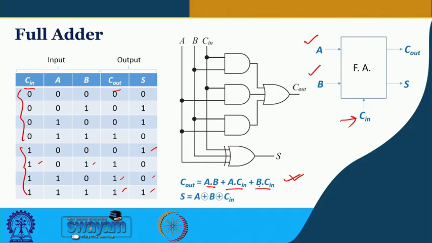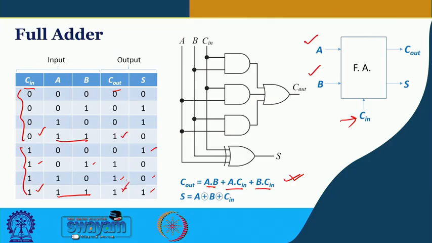If we combine these product terms, we get the carry out. So, we can see, for example, when A and B both are 1, here and here, at that time, irrespective of carry in being 0 or 1, the output carry out is 1.